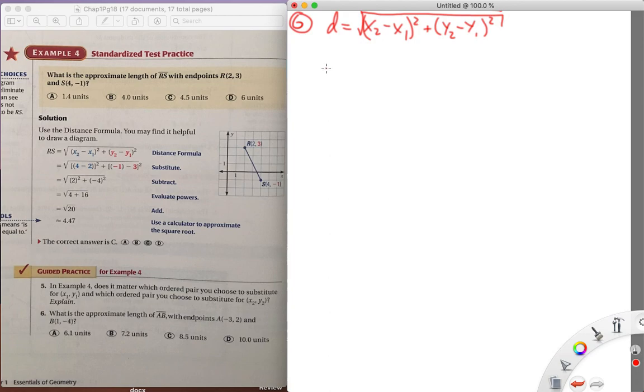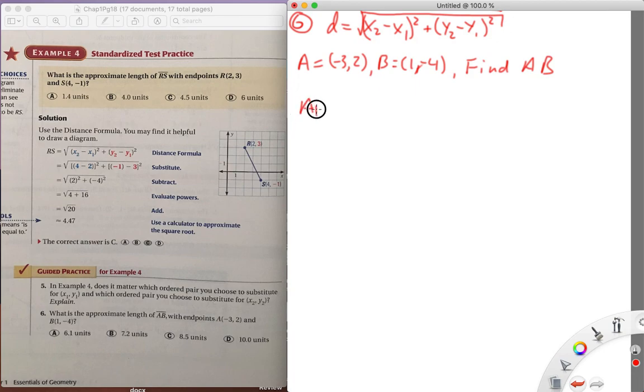They give me that A is equal to (-3, 2). They give me that B is equal to (1, -4). And they want me to find the AB. Alright, so I'm just going to plug it in.